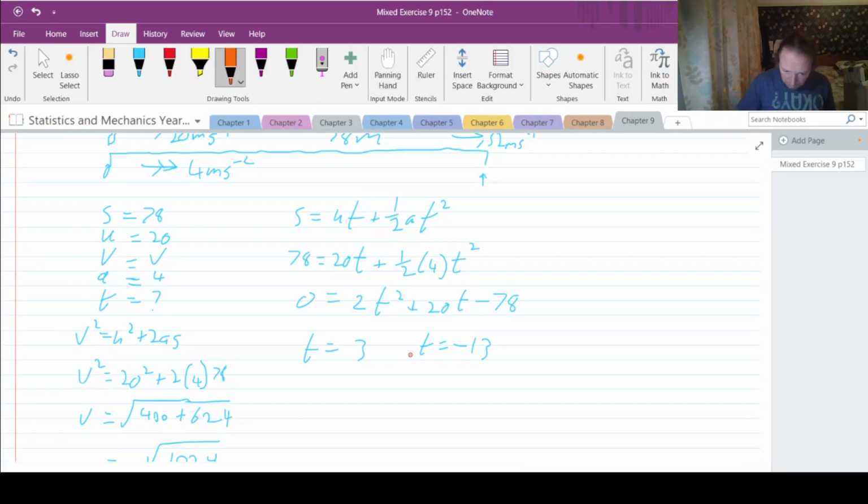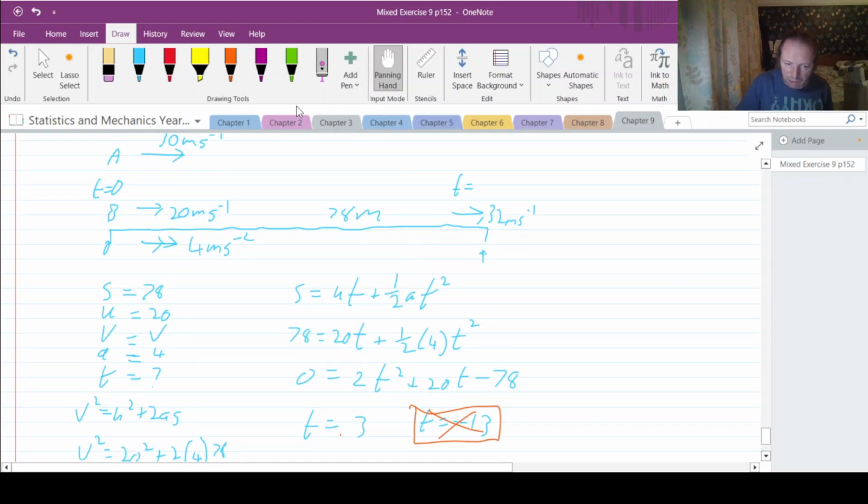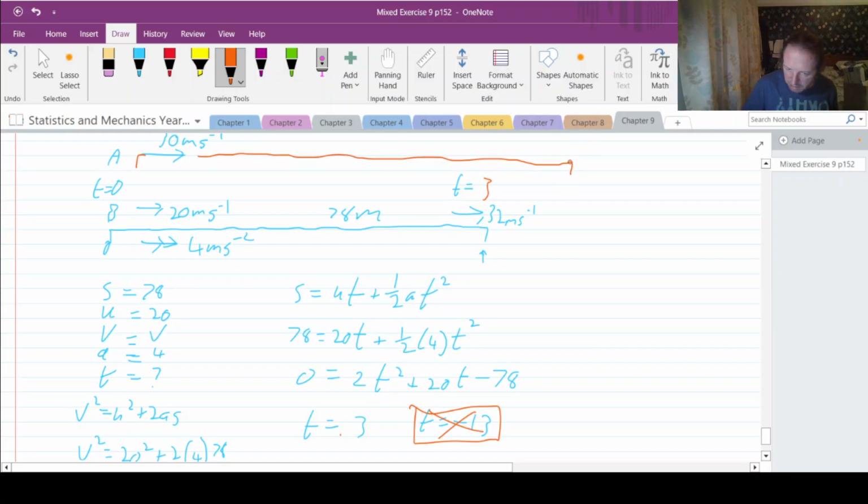We are going to ignore this one, take t as being 3, so we end up with a t of 3, and if we are doing 30 meters a second, by the time t is 3, A must have done 90 meters, just plugging it in.